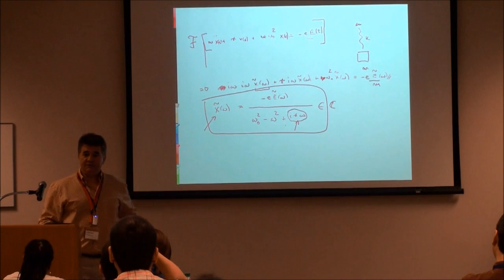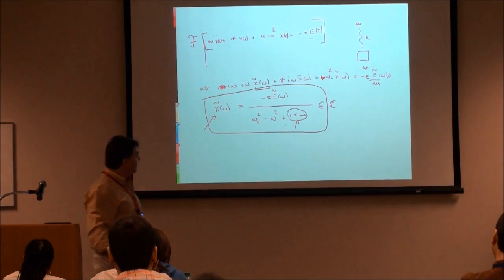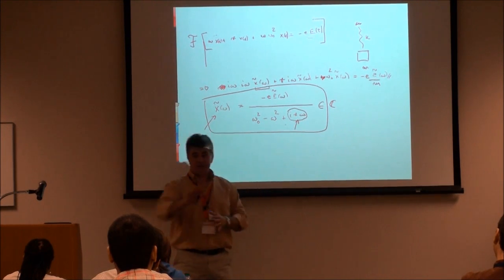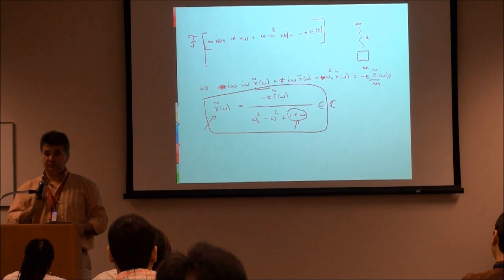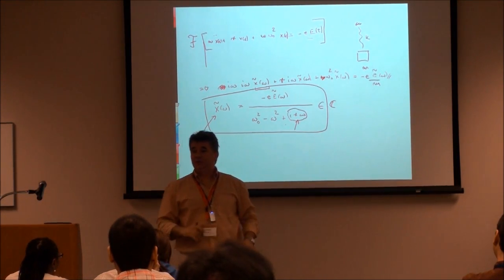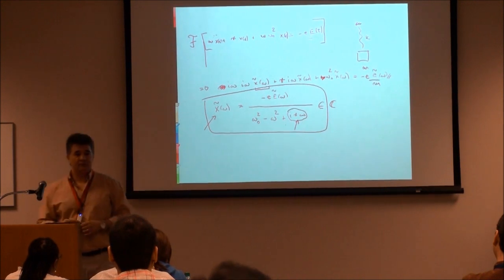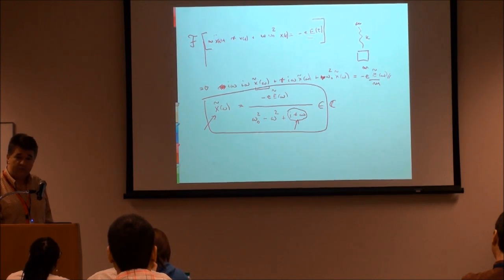So you can get the physical intuition for what happens when you have dissipation. It is like trying to push a swing, but somehow the displacement is pi over 2 out of phase with your force. You don't get much done. That's what that means. You waste a lot of energy. That's the reason of this dissipation having the i in here, the pi over 2 out of phase response.